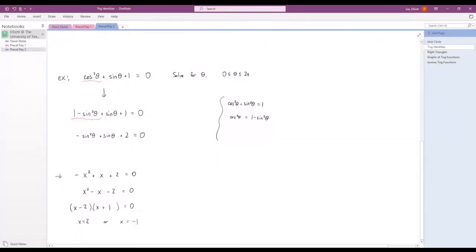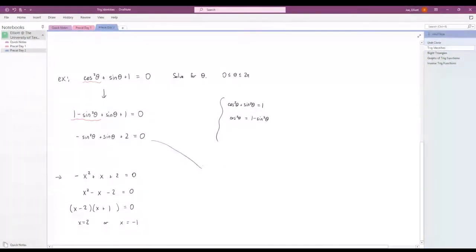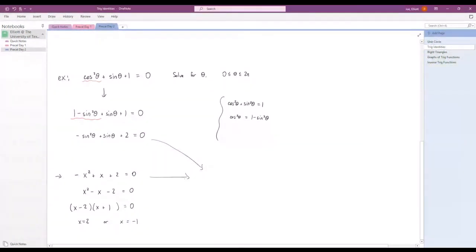Okay, all right, but now let's go back to the actual problem. What we did, going from here to here, is we were thinking of sine theta as if it were just one quantity, one variable x.